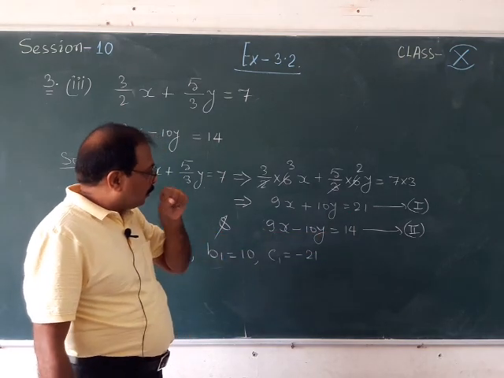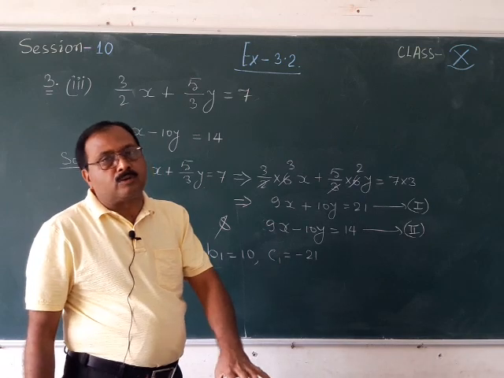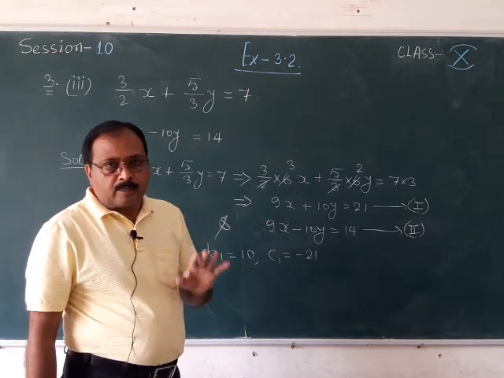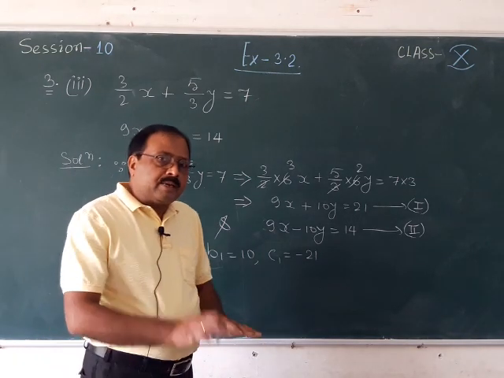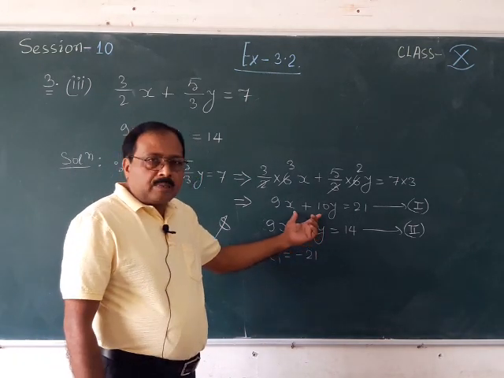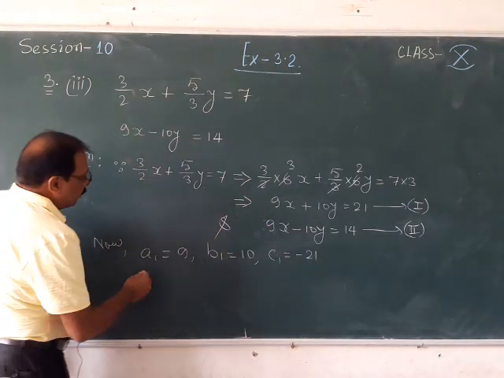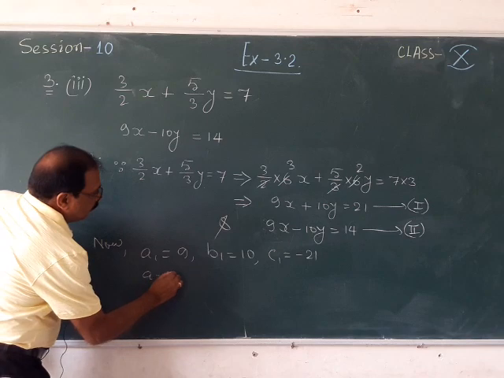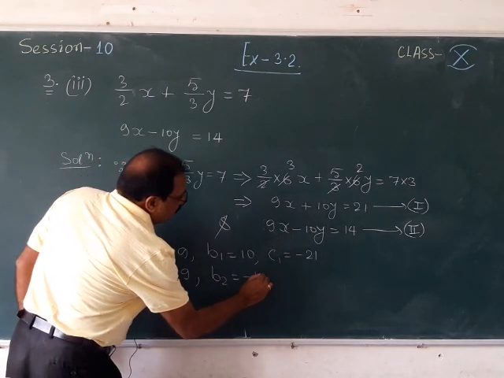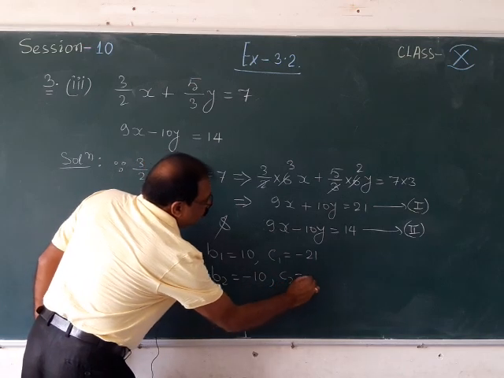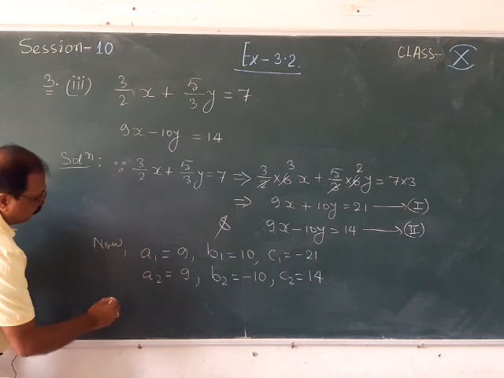So always when you are writing the values of A1, B1, C1, always think of the standard form of the linear equation in two variables, and you have to compare your given equation with the standard form only, then you write the values of A1, B1 and C1. Then what is the value of A2 here, that is 9, and B2 is minus 10, and then C2 is 14. Now you can check that.